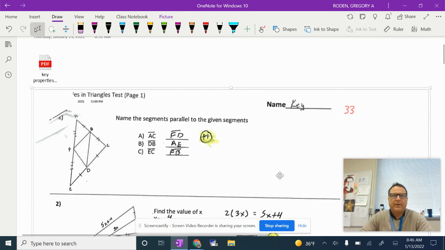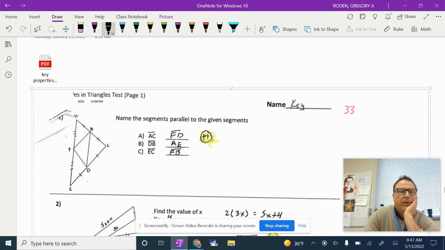Most of you did really well figuring out the parallel sides. I think everyone got this one correct, so I'm not going to spend a ton of time on it. So remember, the parallel segments, I'm not going to do all of them. Why is AC parallel to FD?